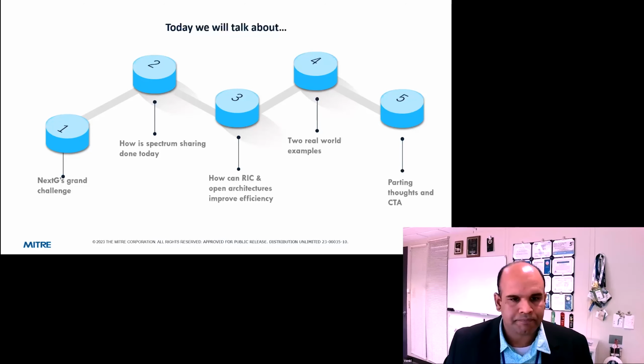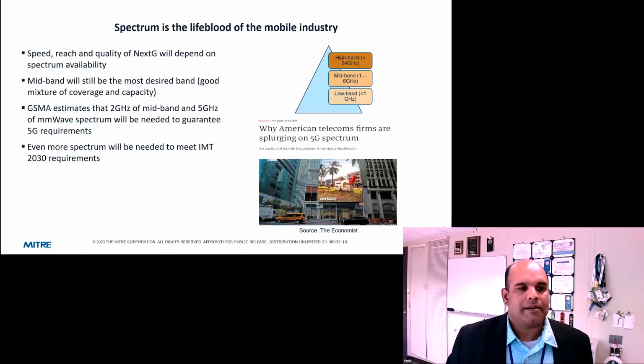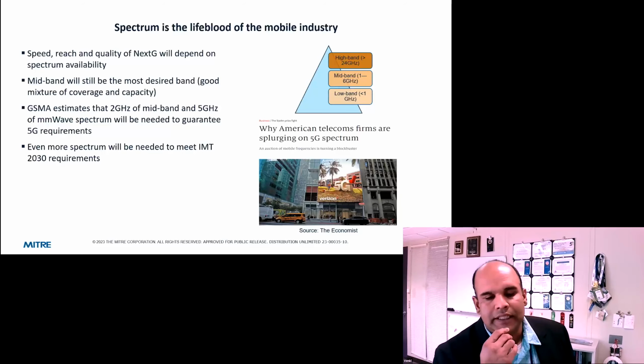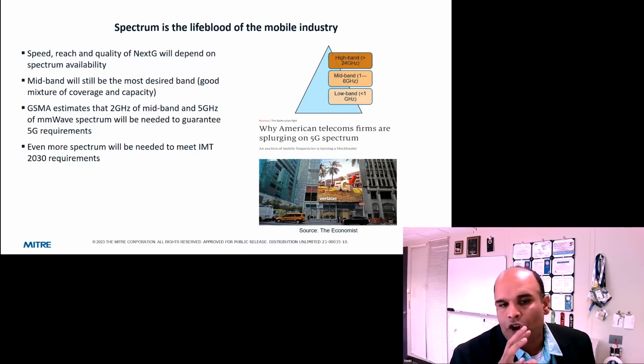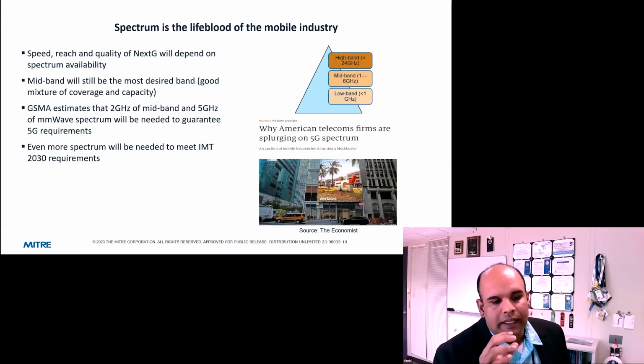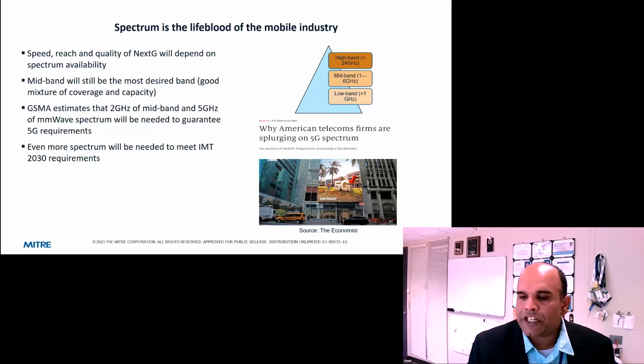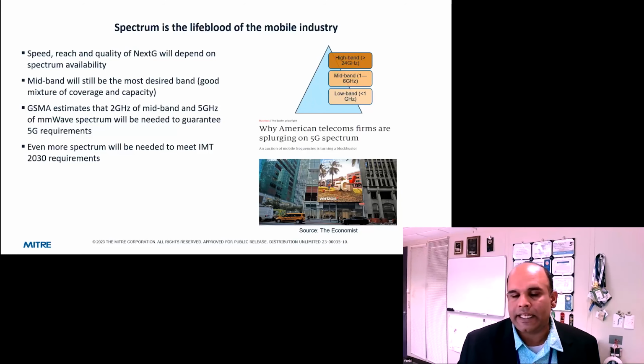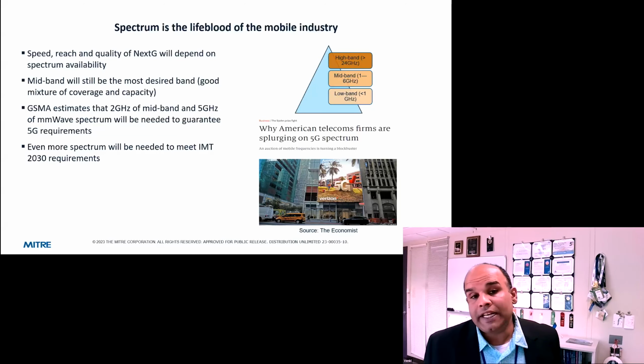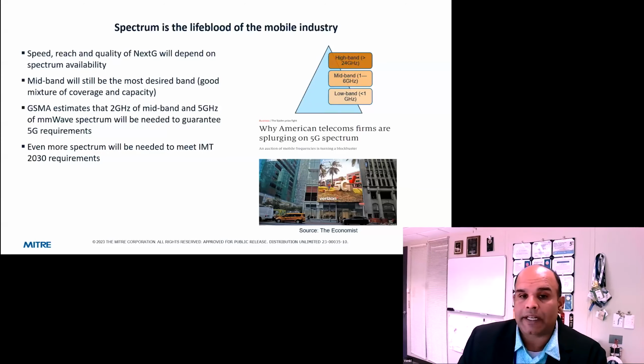So I'm going to start with the need for spectrum. And we all know that spectrum is the lifeblood of the mobile industry. The diverse set of applications that NextG is going to support will depend on spectrum in all the different regions of spectrum: the lower band, the mid band, and the high band.